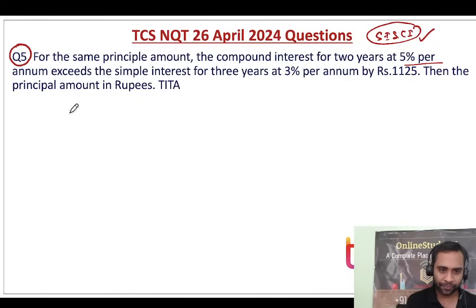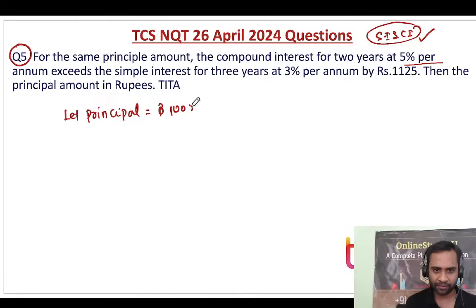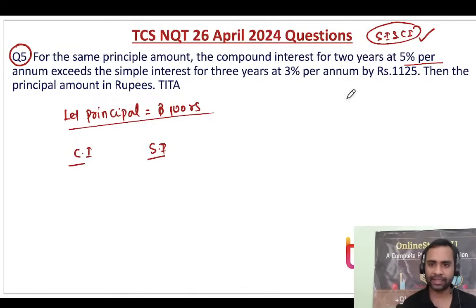So what you can do, you can assume let the principal be 100 rupees. Now, this side I will write compound interest and this side I will write simple interest. The principal is the same, 100 rupees.